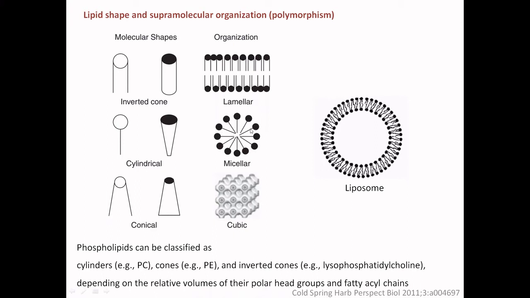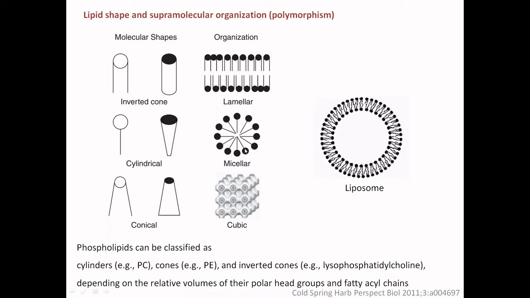And when they are present in large quantities, as in case of the cell or the liposome, we can see they are arranged into two layers. So this is phospholipid, this is phosphate site. The two hydrophilic sites are present on both sides, and the hydrophobic sites are clustered together. This is called the liposome. Liposome is a bilayer structure.